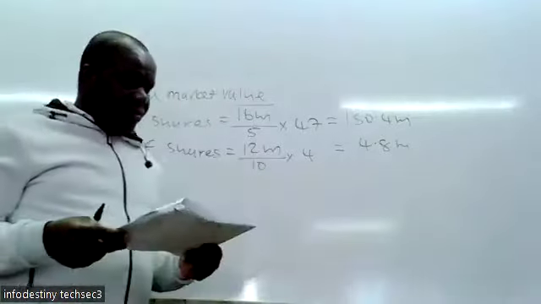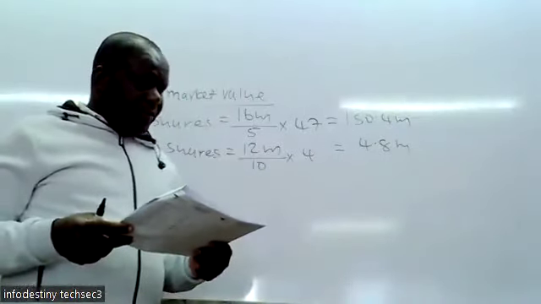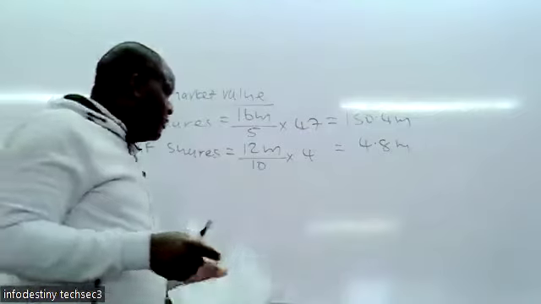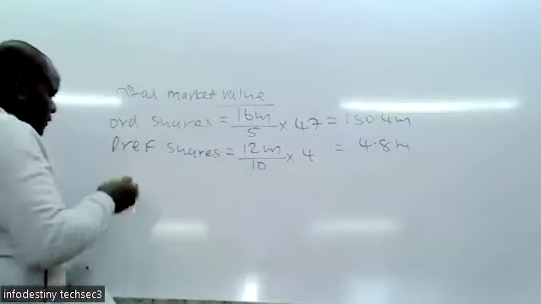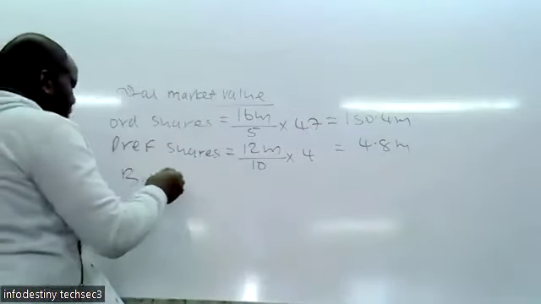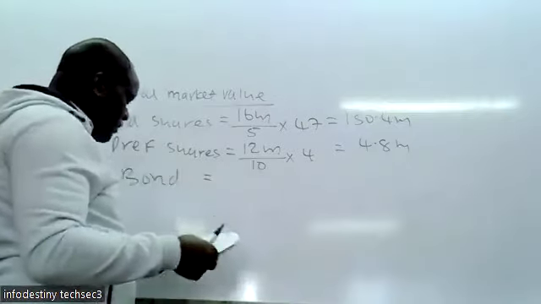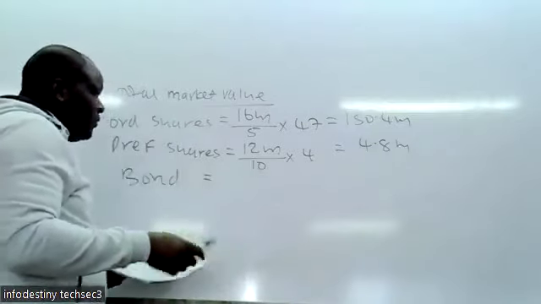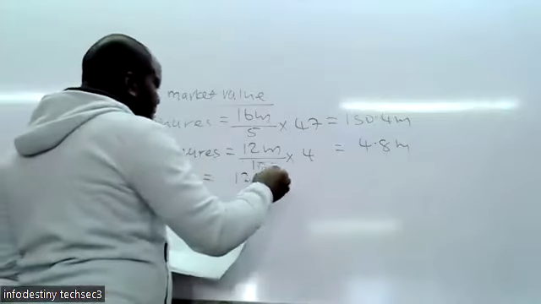Also go to what is supposed to be the bond. So for the bond, it is also 12 million.